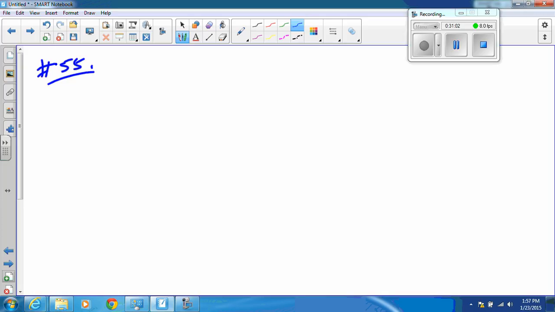At number 55, a 0.62 kilogram wood block is firmly attached to a very light horizontal spring. I'm going to represent the block as having mass m rather than 0.62, and it's attached to a spring with a spring constant of k.